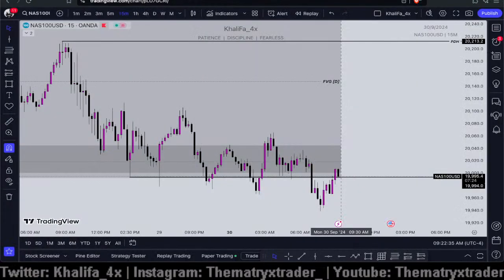Let's open the SPX and have a look at that as well.